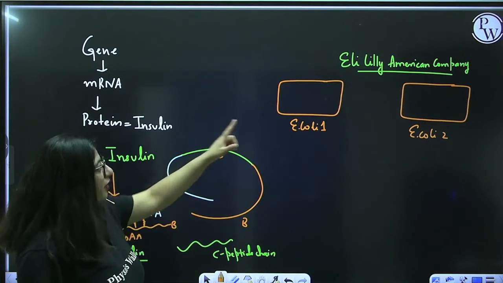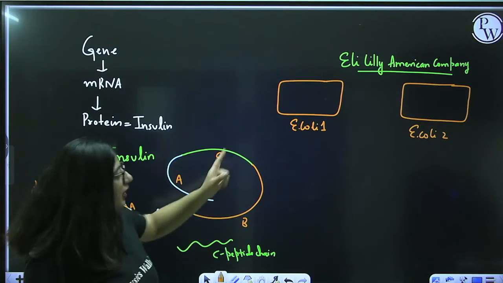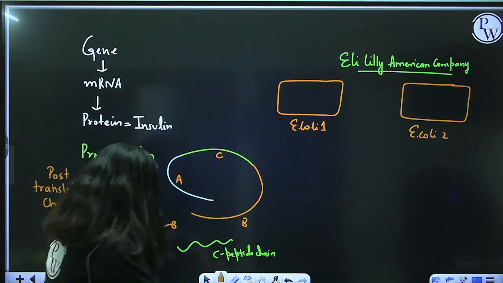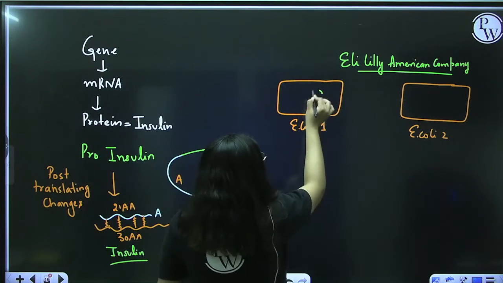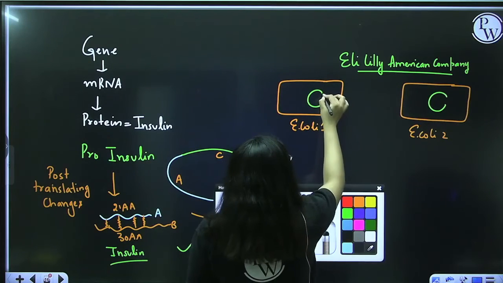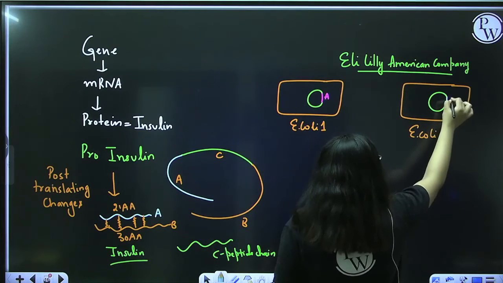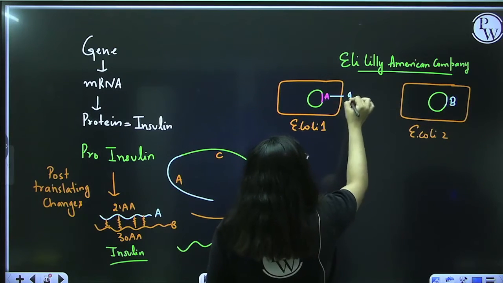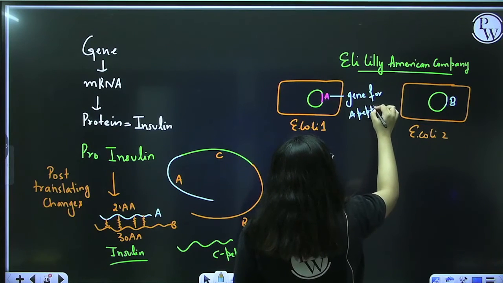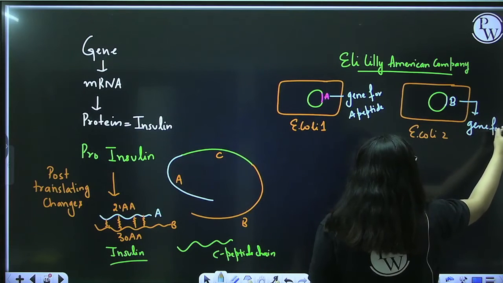One gene added in E. coli 1 was only producing the A peptide chain. Another gene added in E. coli 2 was only producing chain B. So they separately produced two different genes: this is the gene for A peptide and this is the gene for B peptide.